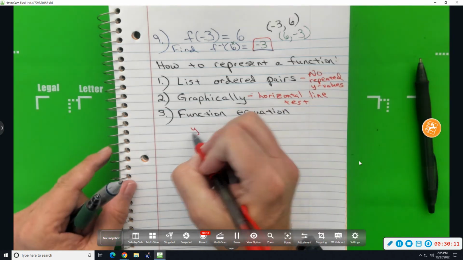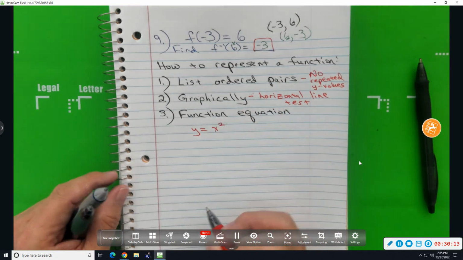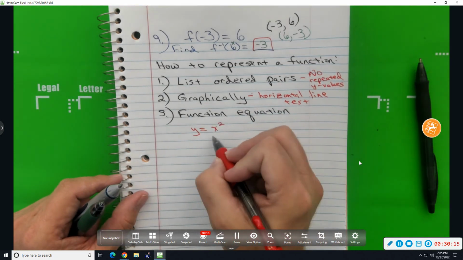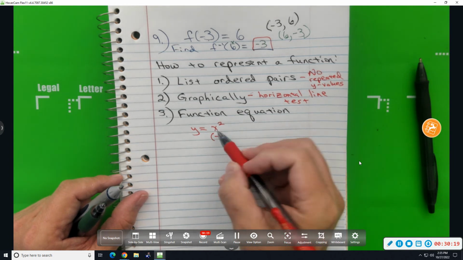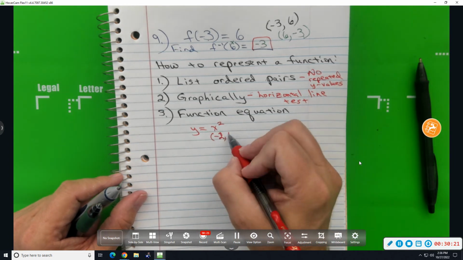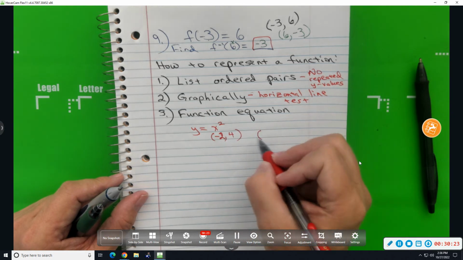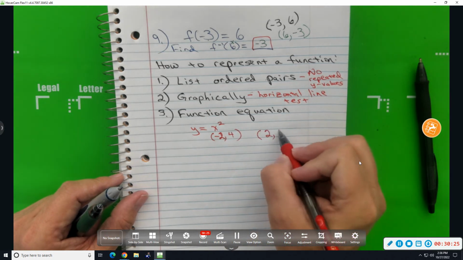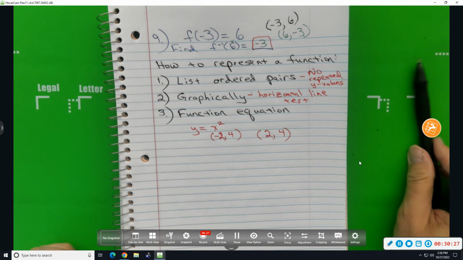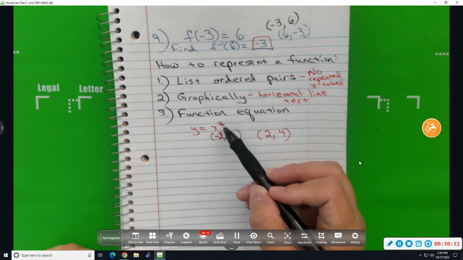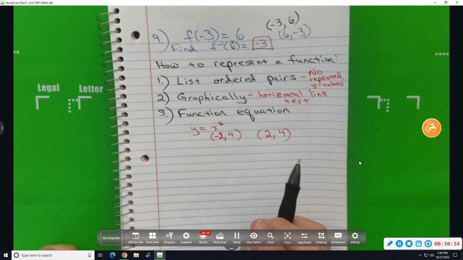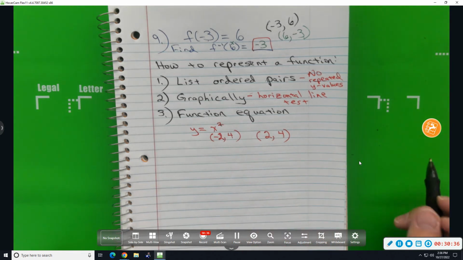So if you had something like y equals x squared, if you plugged in -2, -2 times -2 would give you 4. If you plug in +2, you'd still get a y value of 4. It's that squaring, the way that even exponents take negative quantities and change them to positive quantities.